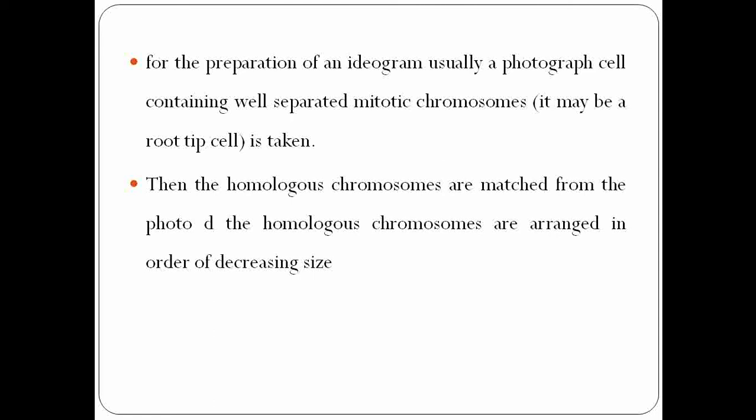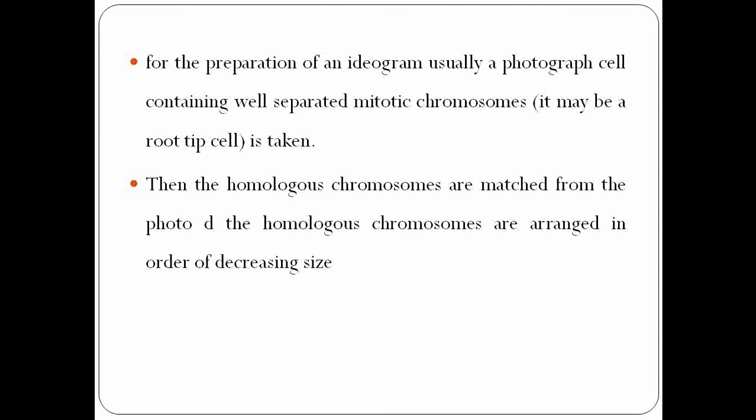What is a homologous chromosome? There is always a lengthwise pairing of homologous chromosomes. By calculating the length of chromosomes, those two chromosomes which have similar length, you first separate them and make a pair of them.